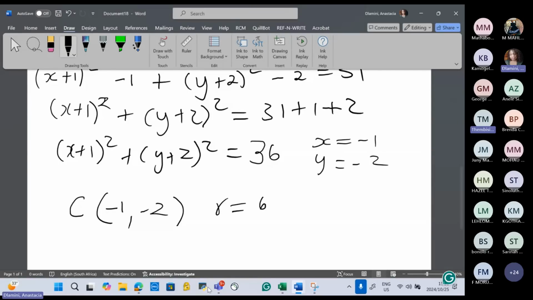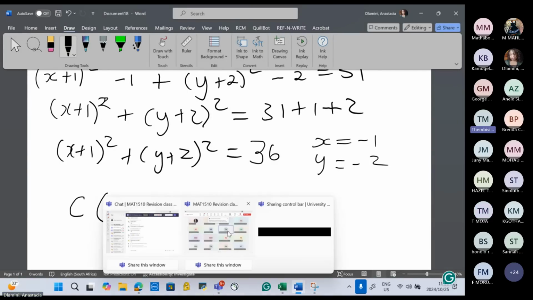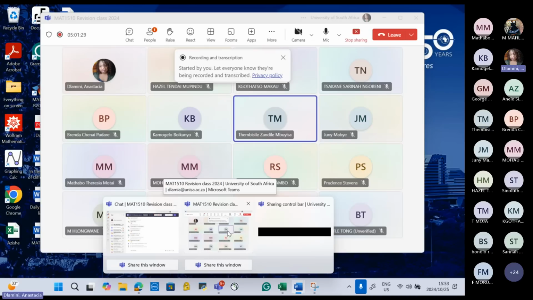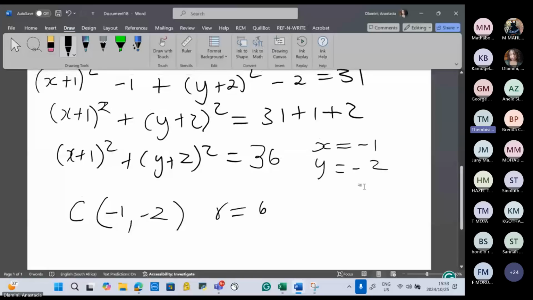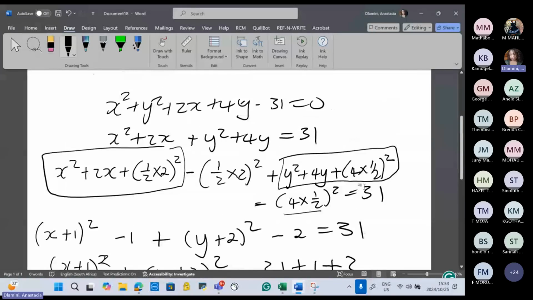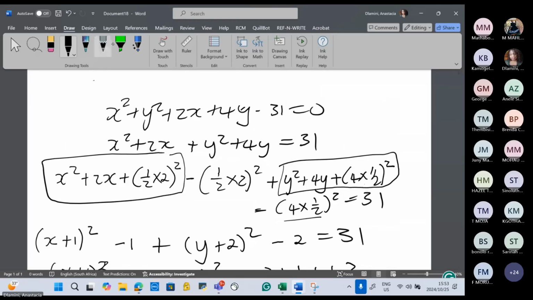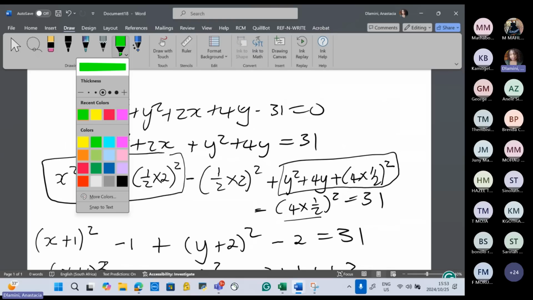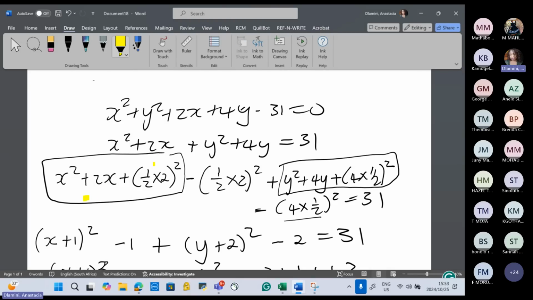How did you get 36, ma'am? I completed the square. You tell me where you got lost. Are you okay with completing the square? After completing the square, you added this one, so you have to subtract it again.